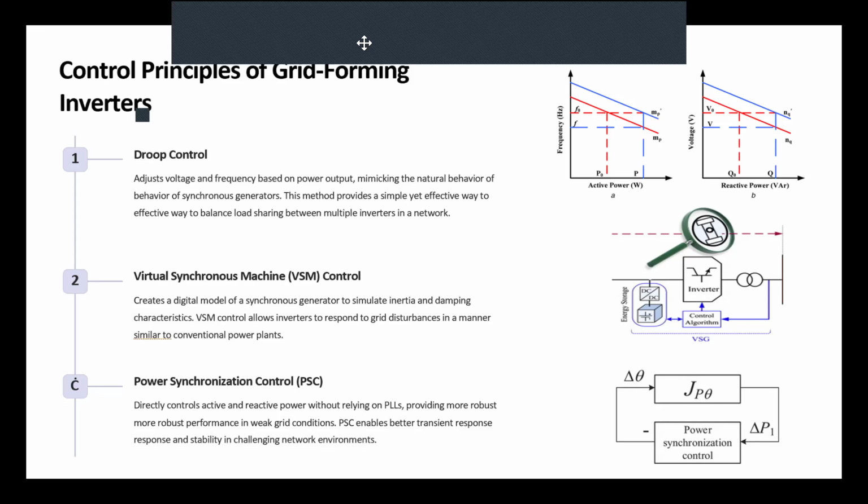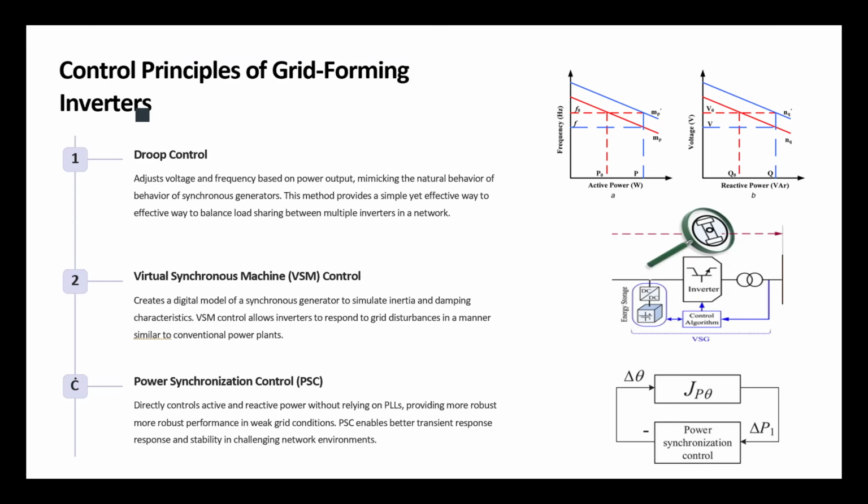Okay, good. Now, there are three main aspects to the control system. Most of the control system works with loop control. Even the other two categories at the end basically work on a loop control methodology, but the difference is how you see the model of your inverters.